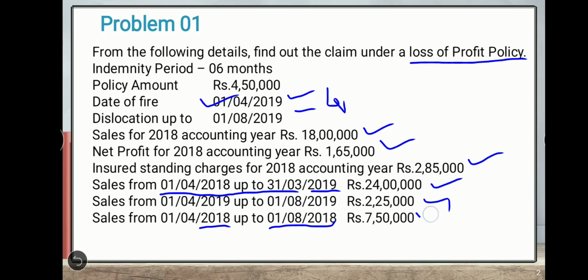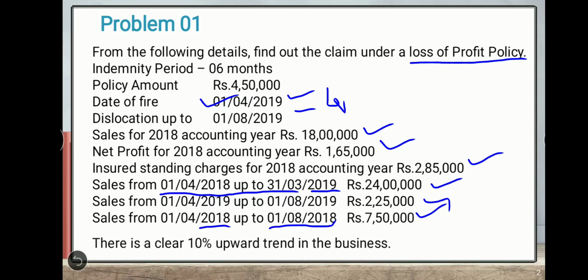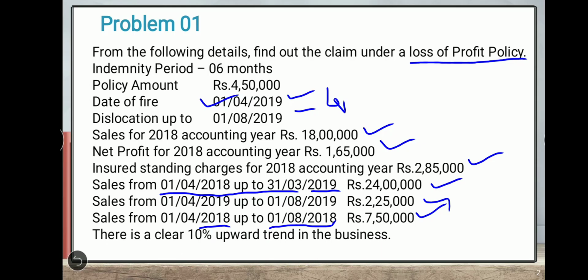This is also sales during the dislocation period, corresponding to the previous year, for the 4 months in the previous year. There is a clear 10% upward trend in the business. It means the sales is going to increase 10% every year.